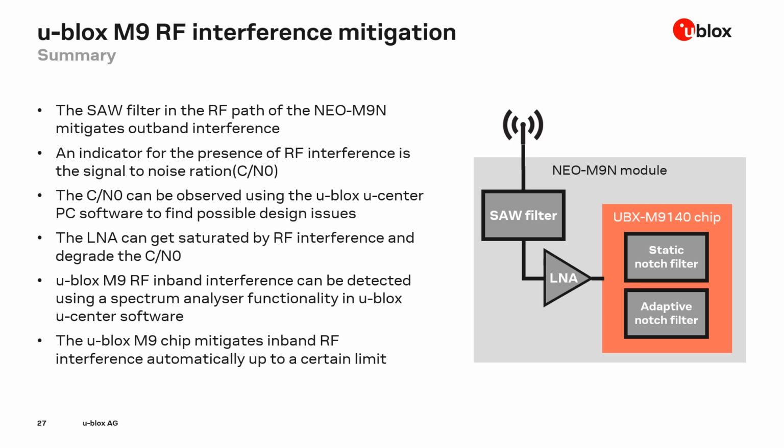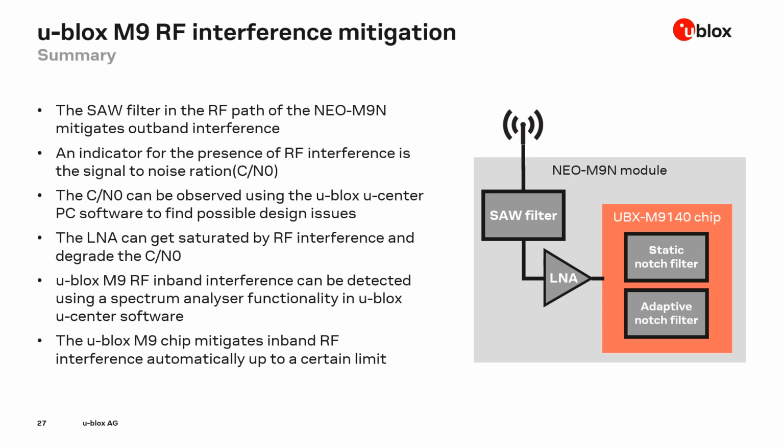And we also discussed the low noise amplifier. It can get saturated if there is a really high power RF interference signal, and then it will degrade the signal-to-noise ratio, which you can see in u-center.